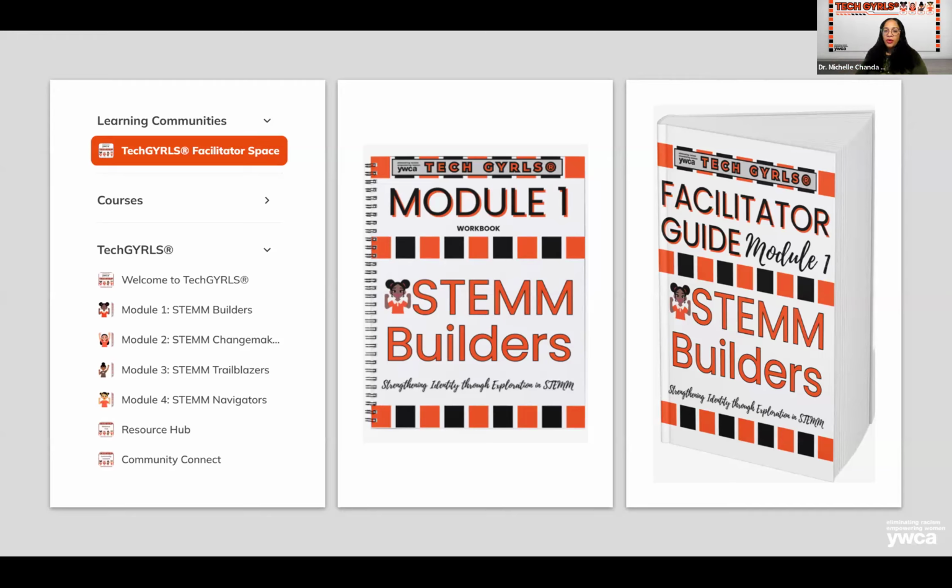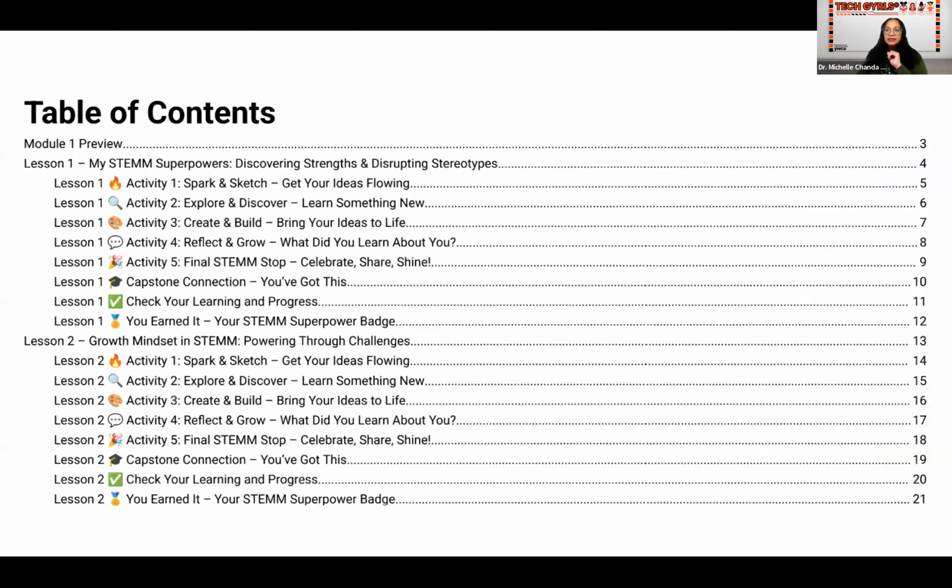Okay. And so let's take a look at that in a deeper lens. What you're seeing on the screen here is the table of contents to the facilitator guide for module 1. And the reason I'm showing this particular view is because I want you to see that rhythm. I want you to see how everything is broken down.